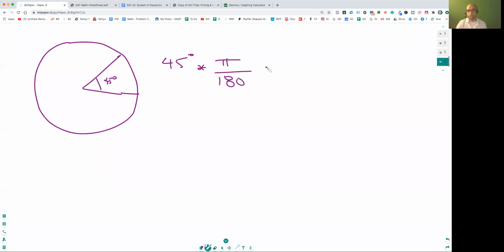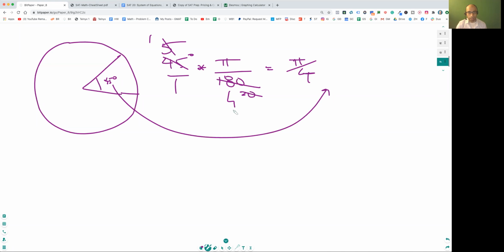And then again, remember, you need to do the fractions. So put a 1 over here and then try to calculate it. 9 times 5 and 9 times 20, kind of, and 5 times 1 and 5 times 4. So it's pi over 4 radians. 45 degrees is really pi over 4 radians. So be careful. You might be asked to calculate the radian right away, or you might have to use it in some problem. Okay, so this part is good.